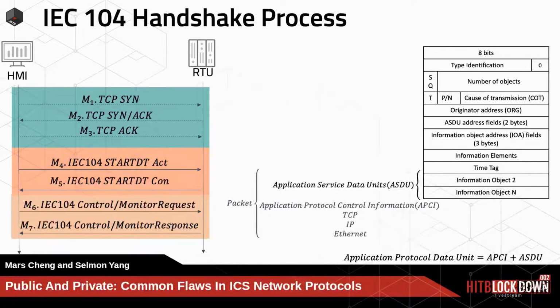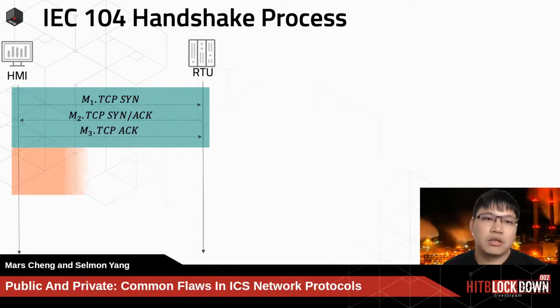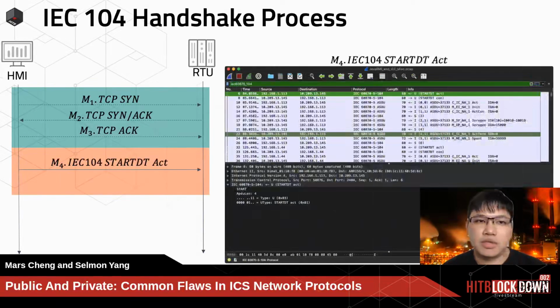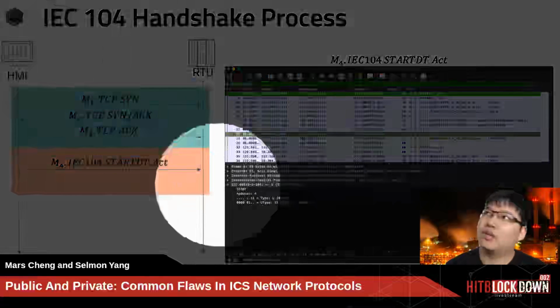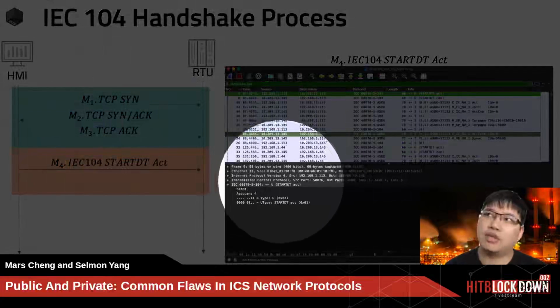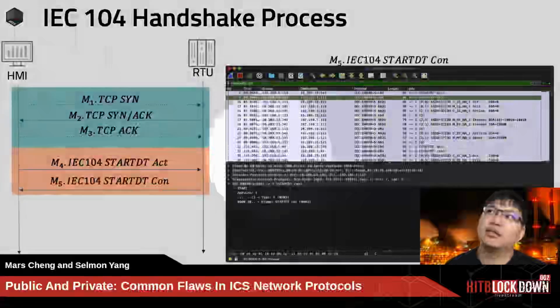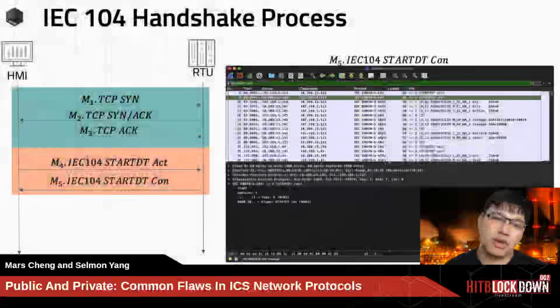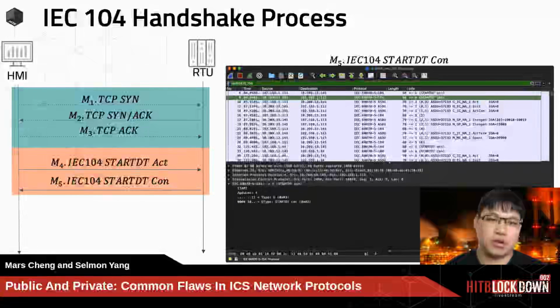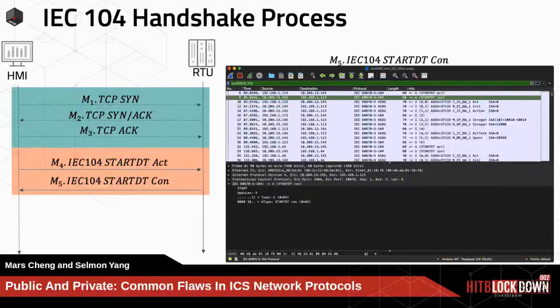We are not going deep into this content because we don't have enough time. But in the example, we send this traffic. Here you will see the start action and confirm message, just making sure the connection channel is open. Traffic is okay. It's okay for the HMI and RTU to communicate with each other.